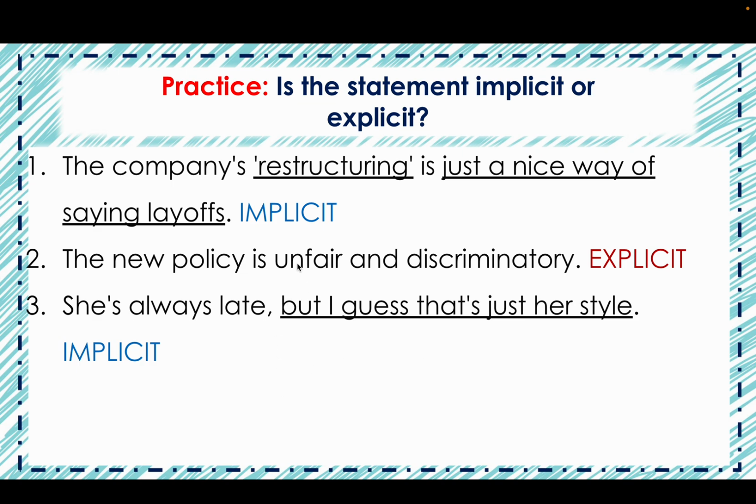The new policy is unfair and discriminatory. Explicit. And then number three, she's always late, but I guess that's just her style. So this is an implicit statement. So the writer is not going straight to the point, still giving some opinions. But if the author said that she's always late, then this statement will be explicit. All right?